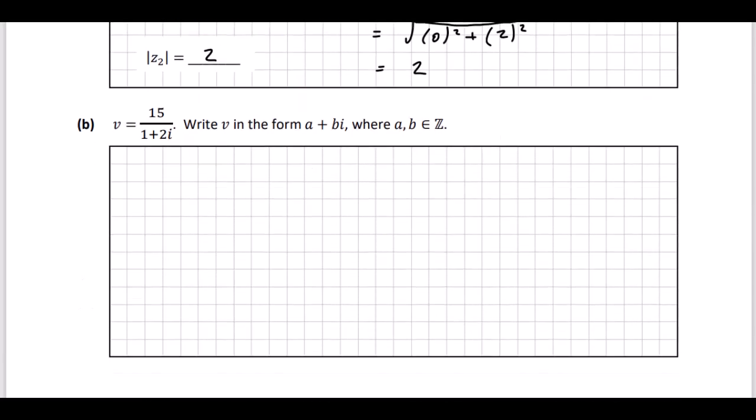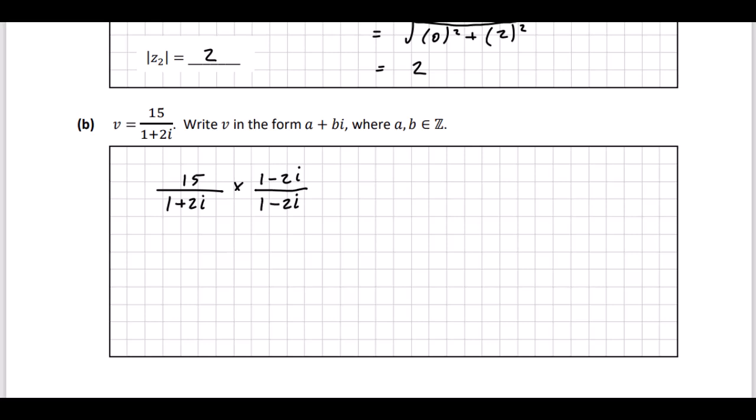So in this case we have v is 15 over 1 plus 2i, write v in the form a plus bi. So this is taking 15 and dividing it by a complex number, 1 plus 2i. So what you need to do here is multiply by the denominator's conjugate, the conjugate over itself. The conjugate is 1 minus 2i. So you divide that by 1 minus 2i as well.